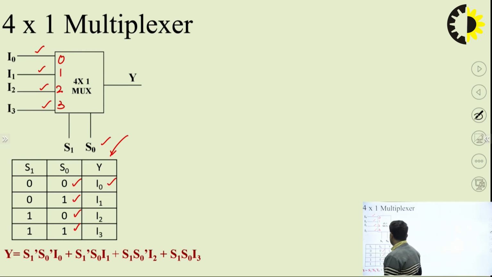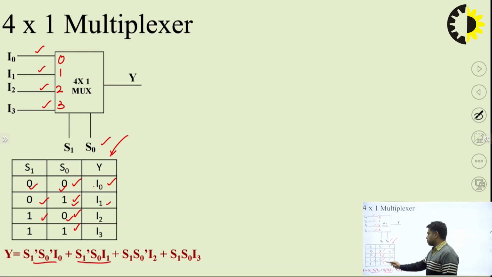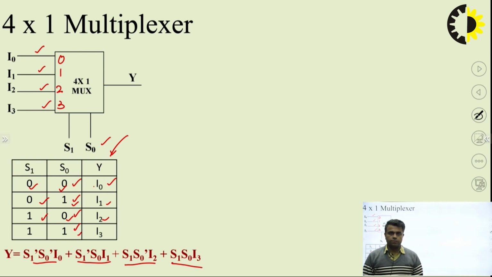We can write the expression for that as well: S1 bar S0 bar I0, plus S1 bar S0 I1, plus S1 S0 bar I2, and the last one S1 S0 I3, and we can make a circuit for that. That will be the internal structure of the 4 cross 1 multiplexer. So this is the basic of multiplexer, and now we can proceed towards the circuit realization using multiplexer.